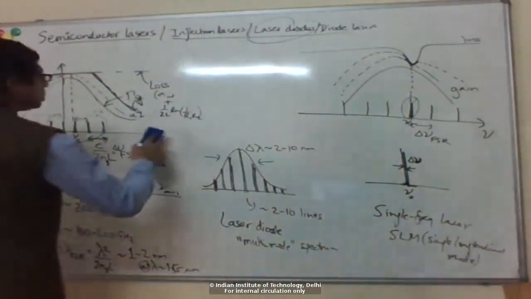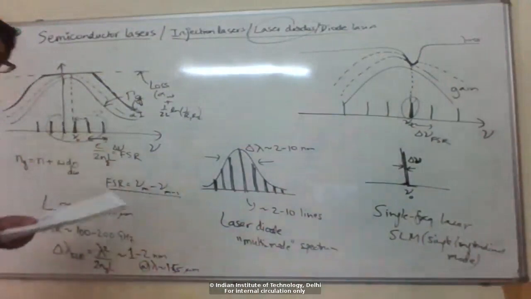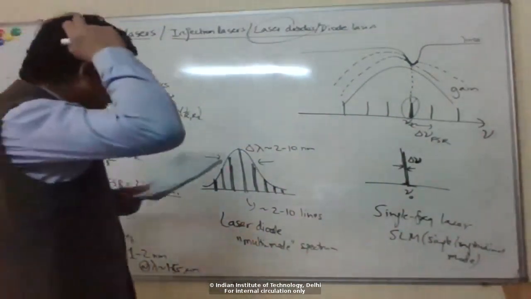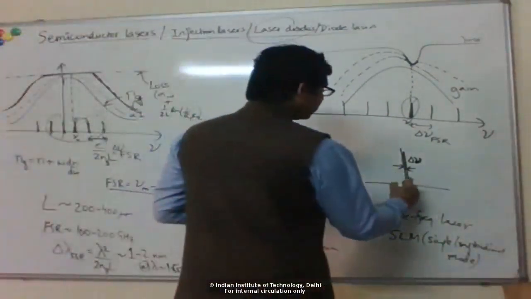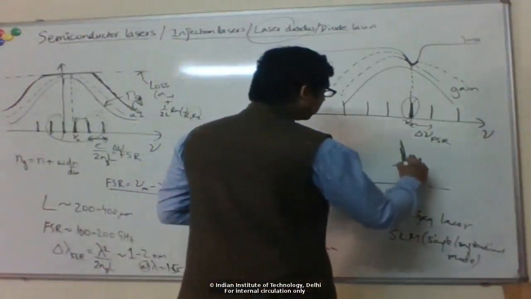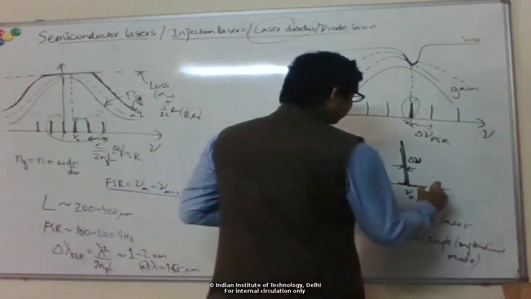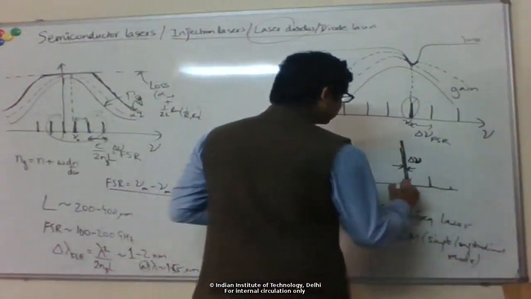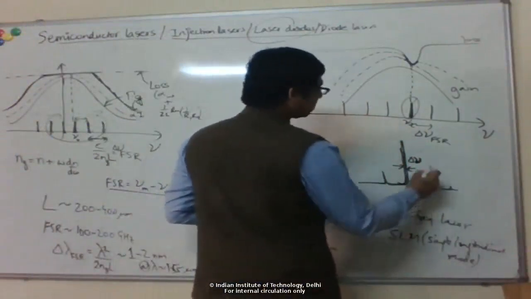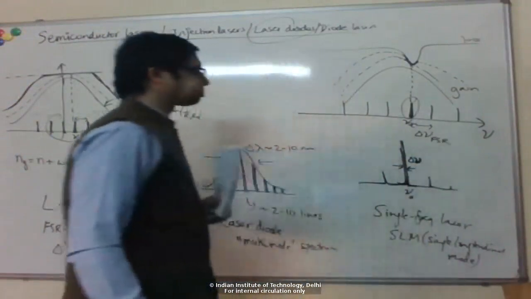But let's just discuss some general metrics for the laser. What one is interested in is, typically you want output at some particular frequency, right? And your output spectrum might have some other spurious frequencies. Let's say this is the next mode, for example.